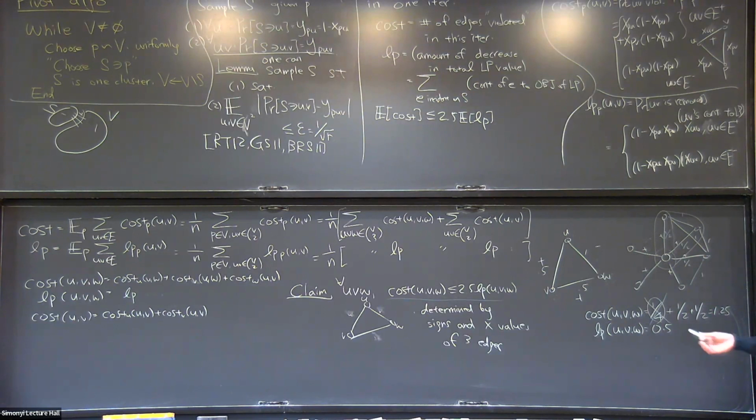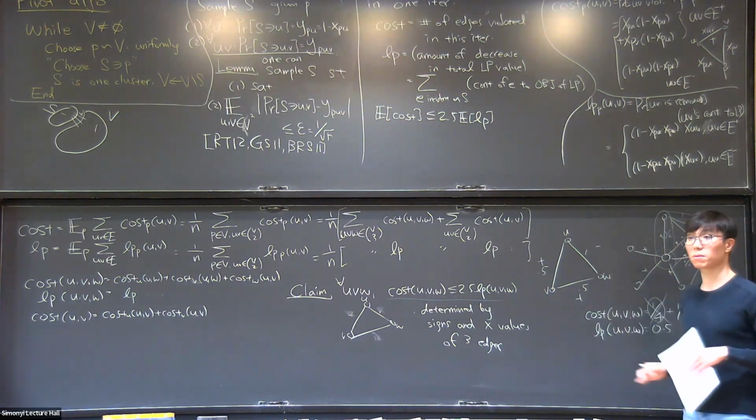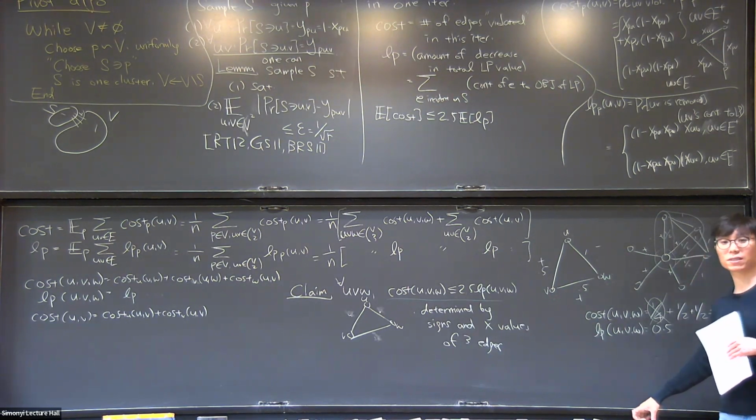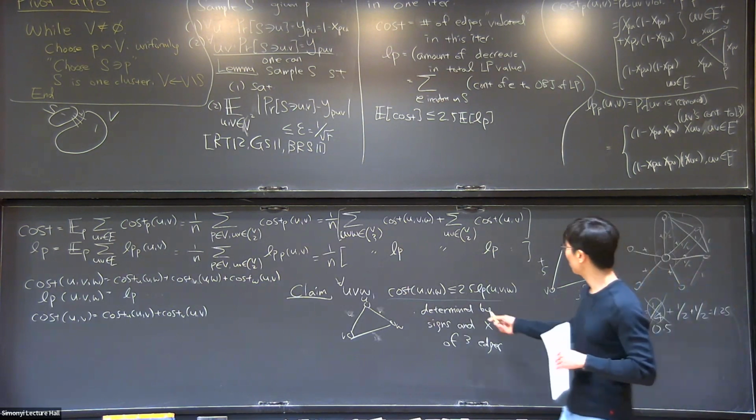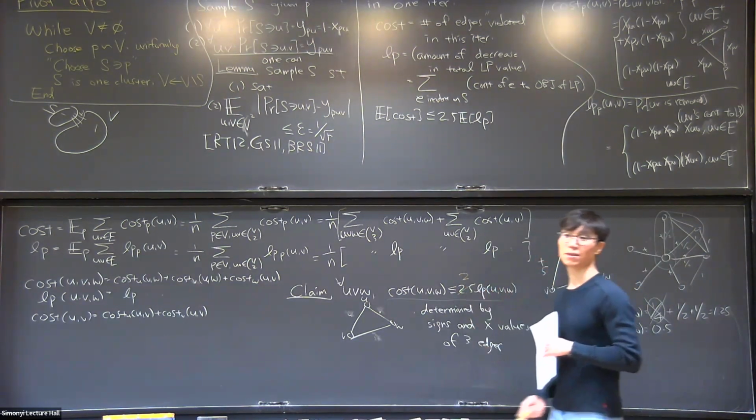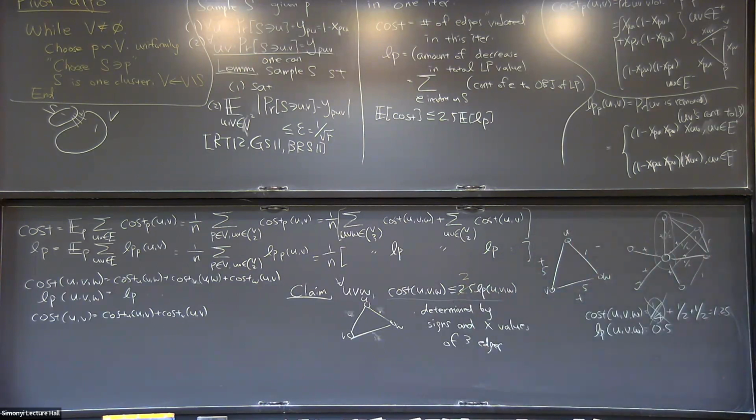If you know that U and W are not going to be in the same cluster, then the half is gone. So one can show that if we just do this, the ratio becomes 2 instead of 2.5.